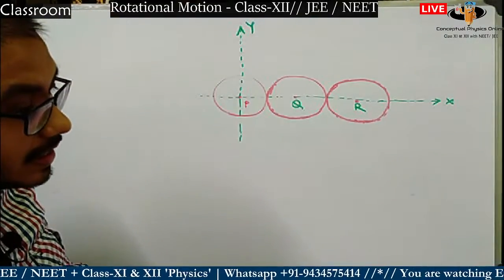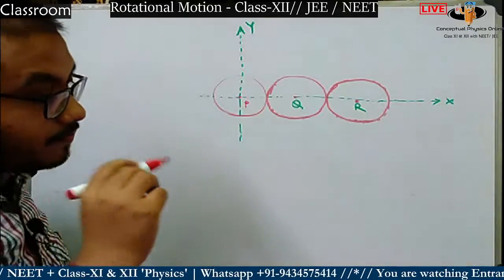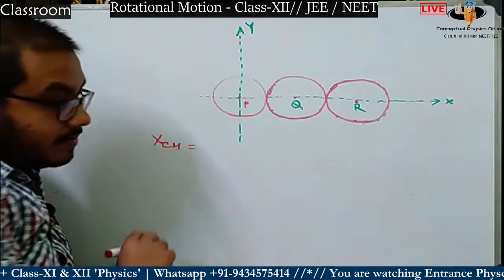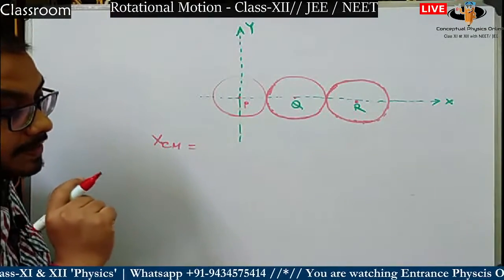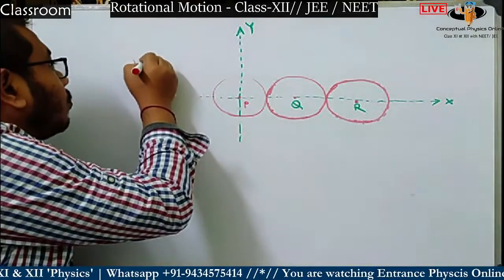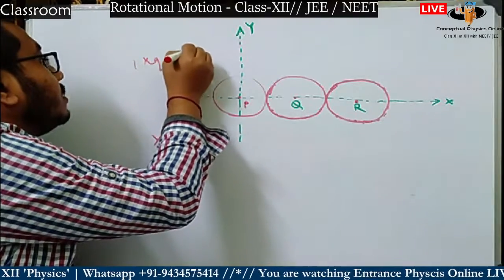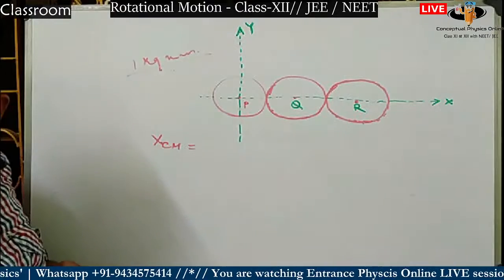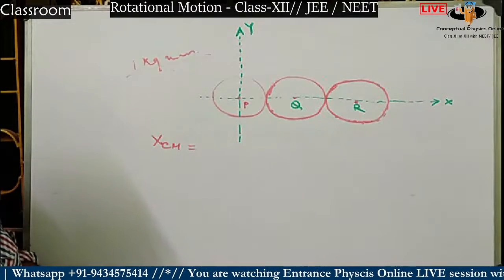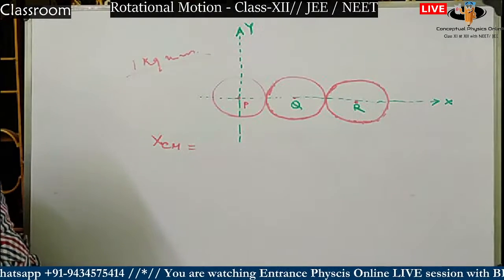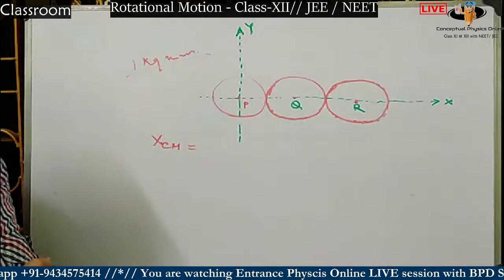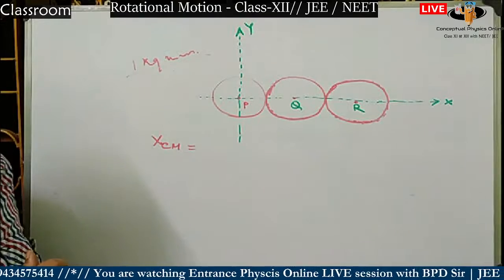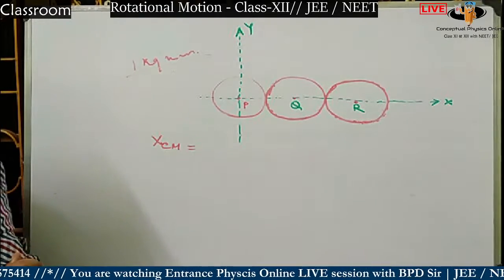Let us find the position of the center of mass. X center of mass will be found with each sphere having 1 kg of mass. Just as a frame is needed, a sphere is also needed, and both have a mass of exactly 1, right?